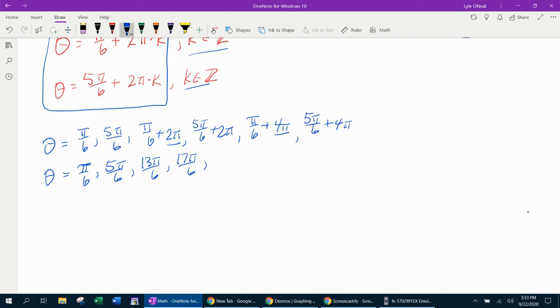And then the next 4 pi in 6, 4 times 6, that's 24, plus 1 is 25 pi over 6. And then the next one's going to be what? 4 times 6 is 24, 24 plus 5 is 29 pi over 6.